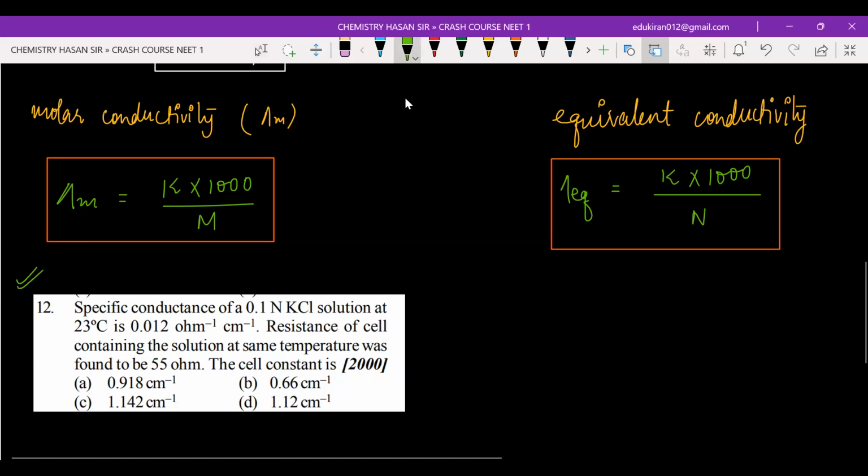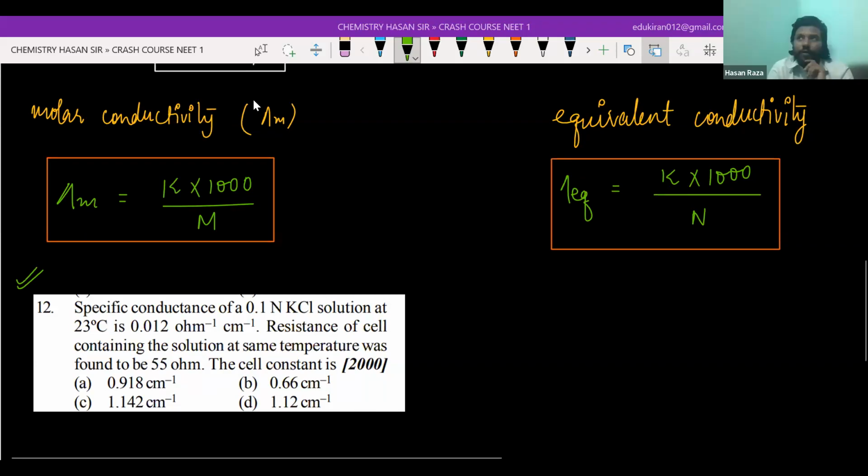And let me know if you are not able to do it. Will you be able to solve it?